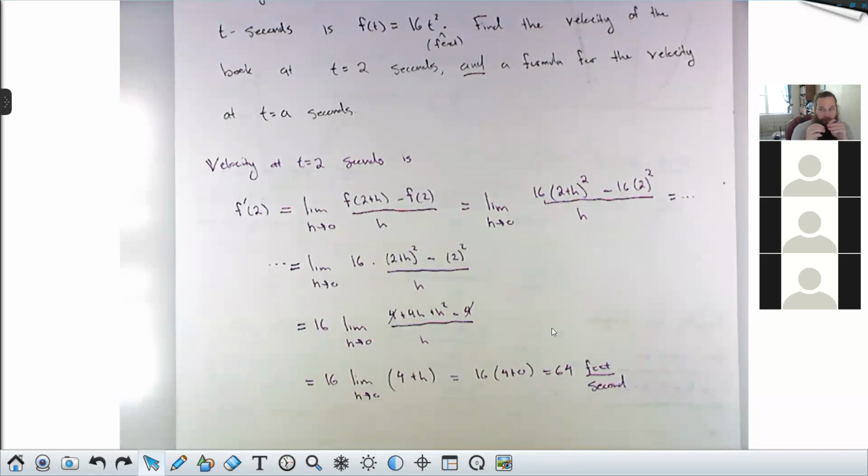Like if the book had a little speedometer on it, at that exact moment, it would read 64. This limit was the same as the one we just did, nothing too exciting. But the second one is going to be more fun. We want a formula for the velocity at t equals a, just some arbitrary number.